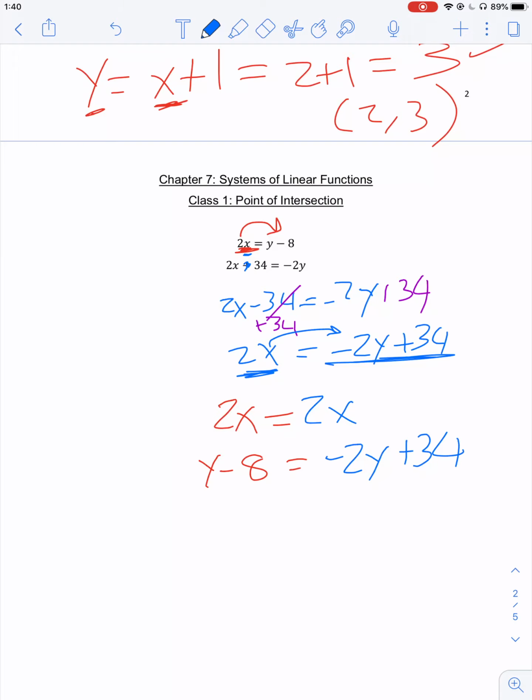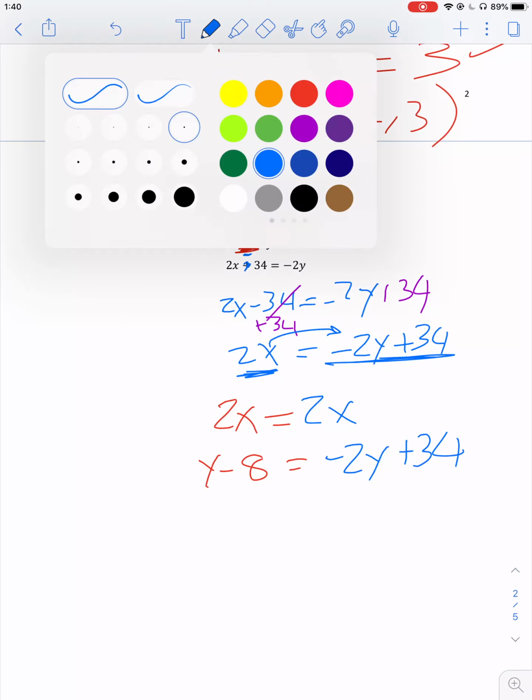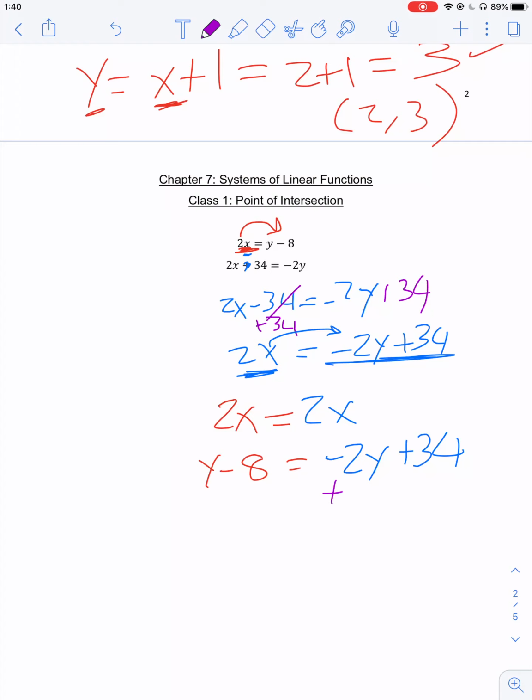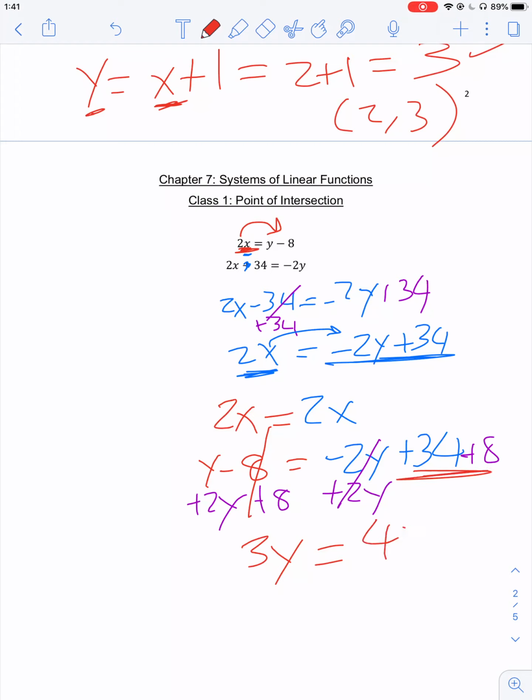Again, I like to have all my variables on the left side, so I'm going to do plus 2y to get rid of this and move it to the left. And this minus 8, I'm going to do plus 8 on both sides. Now I get 3y, because 2y plus y will give me 3y. 3y is equal to, the plus and minus 8 cancel, so I add this up: 42.